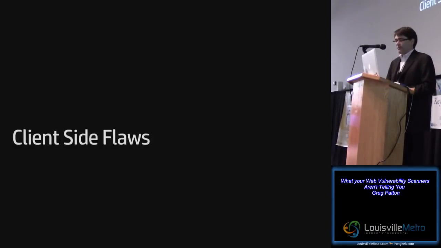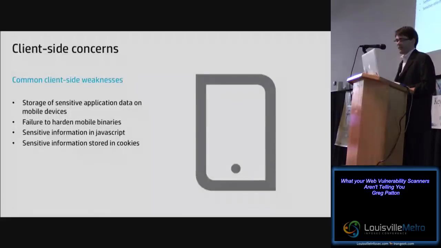Another item that scanners don't typically do a real good job of are client-side flaws. And this is something I see all the time in my mobile application testing. We have sensitive information that gets stored on the client itself, so actually stored on your various mobile devices.